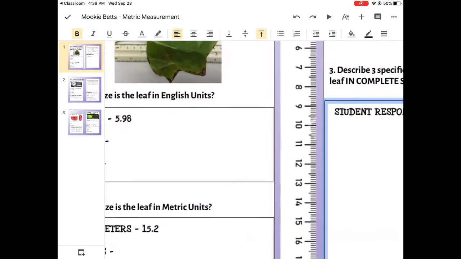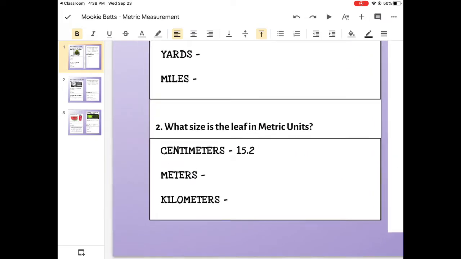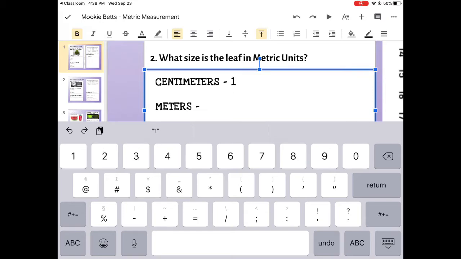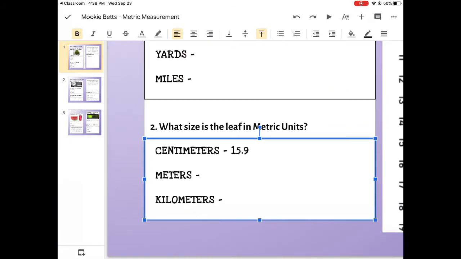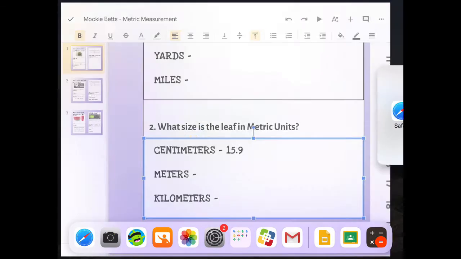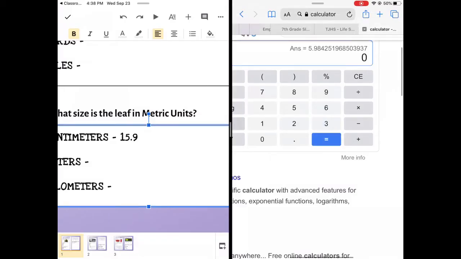And so if I zoom in, 15.9, because it was just one dash back. To get inches, I can either measure in inches or I can do math. So I can split screen and I can measure what I just discovered.